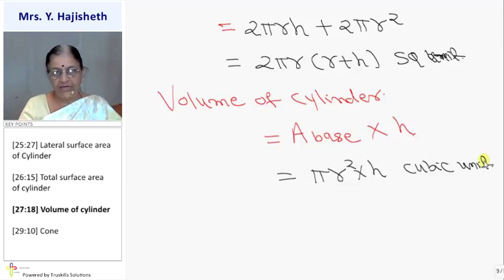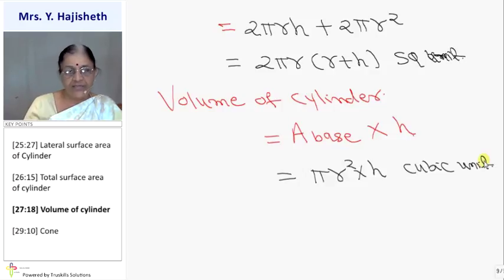But if it is a hollow cylinder, then capacity of air and capacity of liquid can also be measured with volume. But suppose it is a hollow cylinder and you want to make it with the help of metal sheet, how much metal sheet is required? For that we take total surface area. Suppose you want to make a cylindrical tent and how much cloth is required, then also we require the total surface area, right?